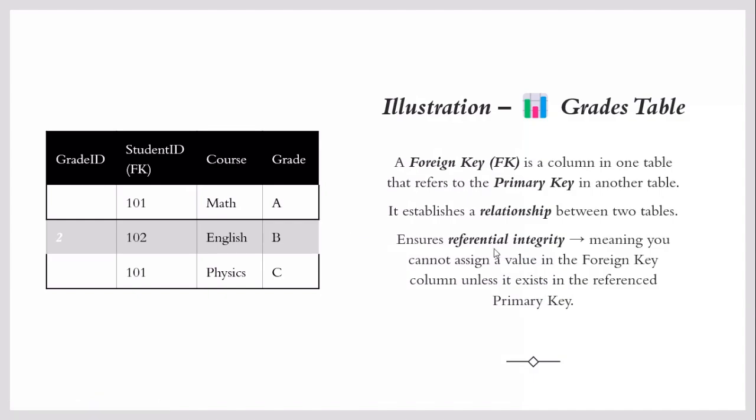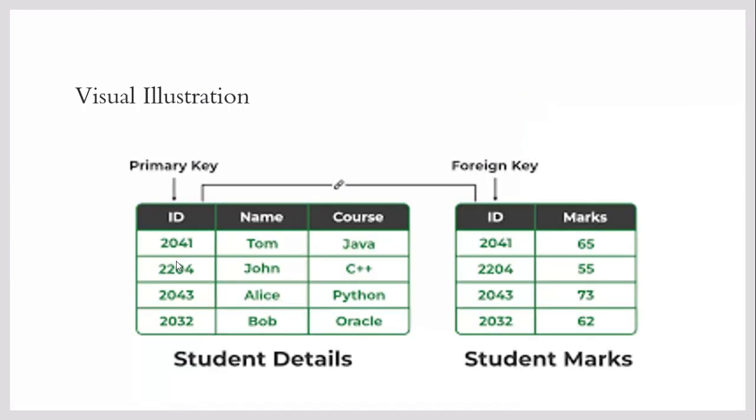Are you getting me? Then it ensures referential integrity, meaning you cannot assign a value in the foreign key. You cannot say, okay, this one I want to give it another value myself. It's never possible. Look at it now: we have the primary key, we have the foreign key. So this is ID, name, course. I have the ID, I have their courses, so I can actually get who scored this 65. You can say, who scored 73, 2043?